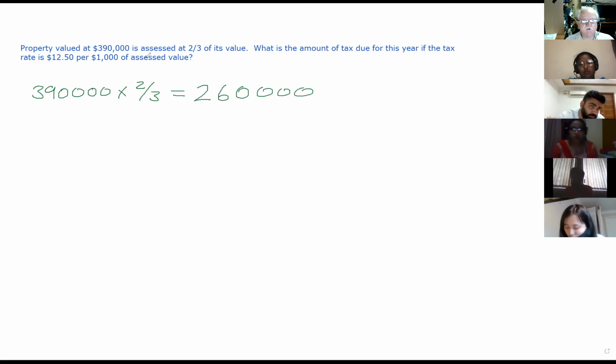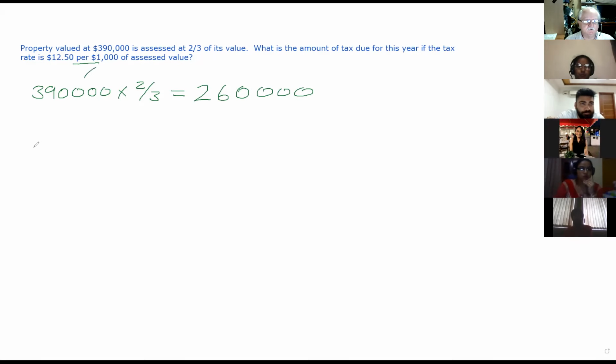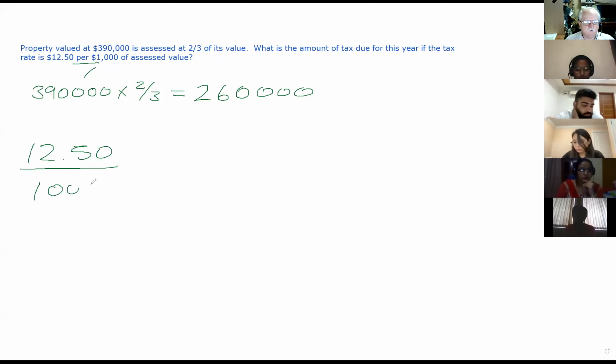And now they're telling us that the tax rate is $12.50 per $1,000 of value. Whenever you see the word per, it means divided by. And we know the assessed value is 260,000.